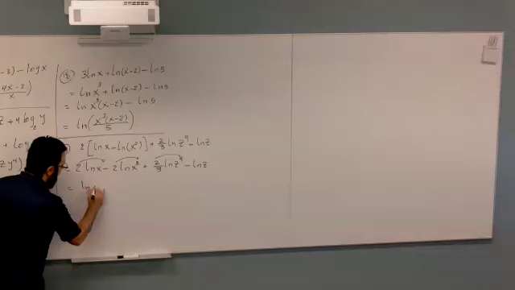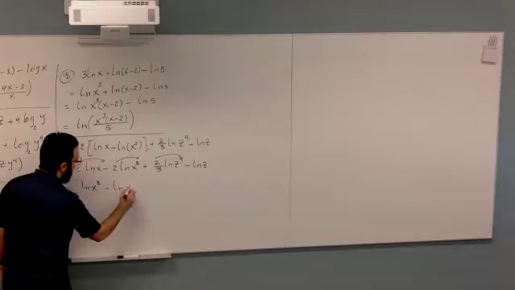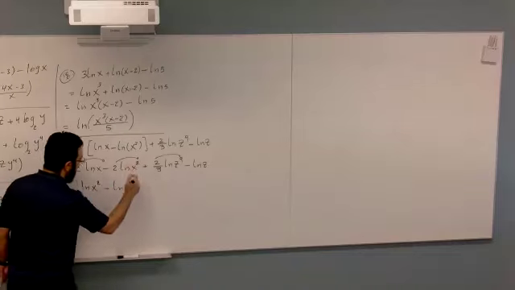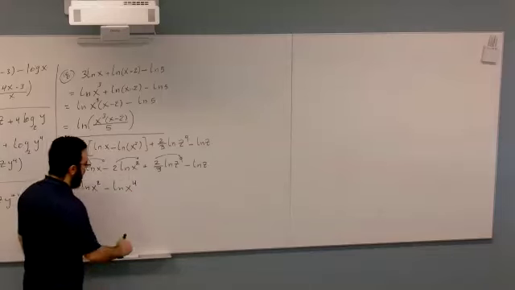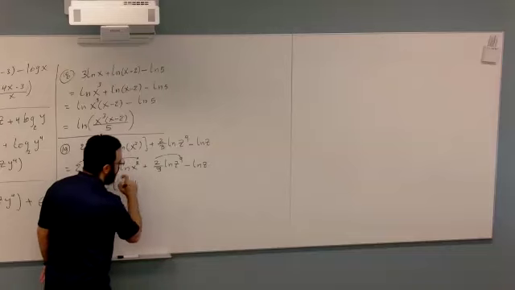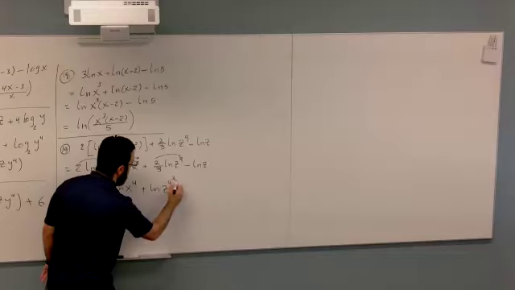So it's going to be ln x squared minus ln x to the power 4. Bring down the exponent. What about this part? It's 9 and 6. Just plus ln z^9 to the power 2/3. Yes or no?